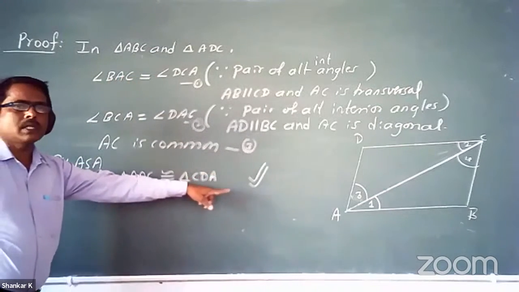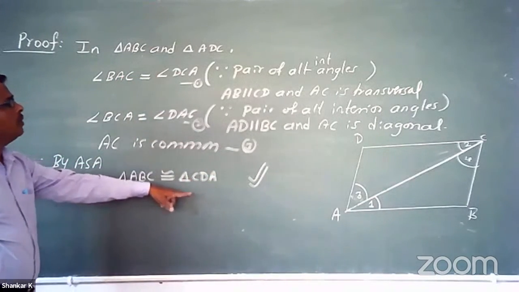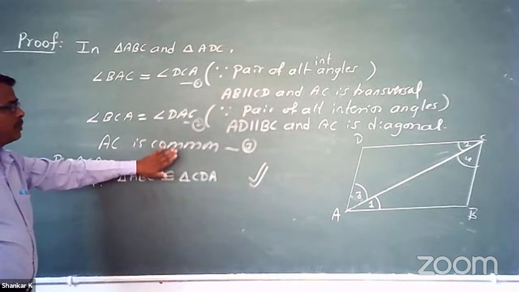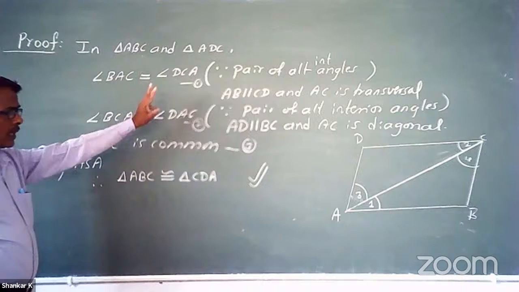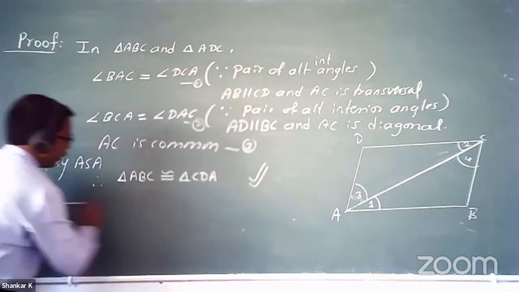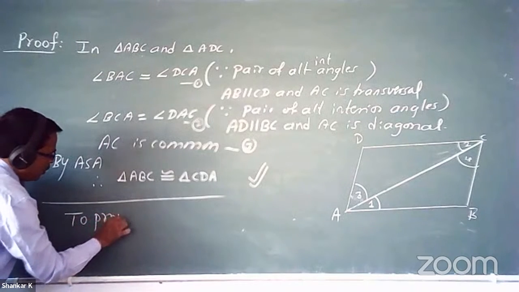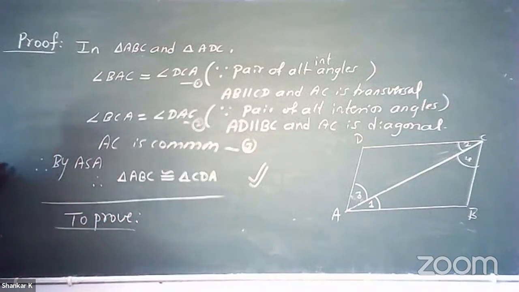Now for theorem number 7.2, all of you rewrite theorem number 7.1. Write the given, then the thing to prove. What is asked?